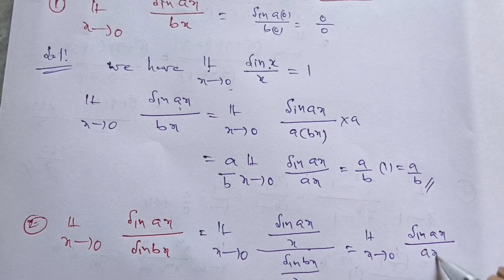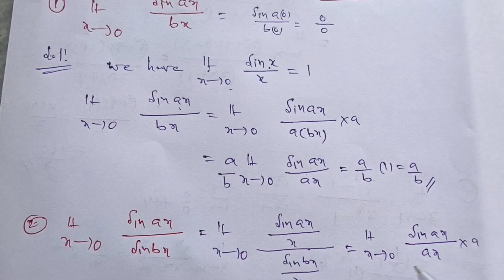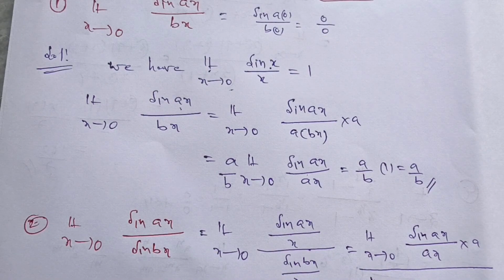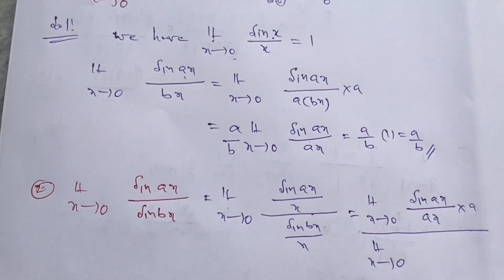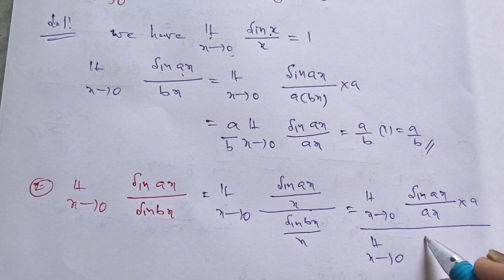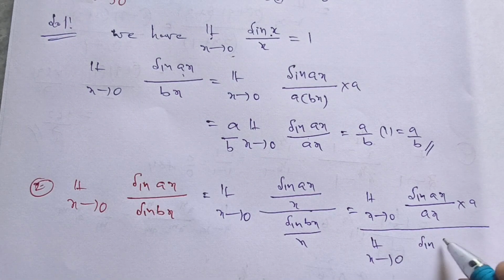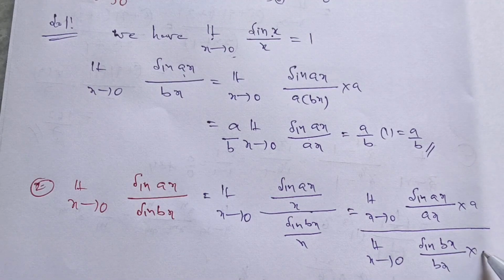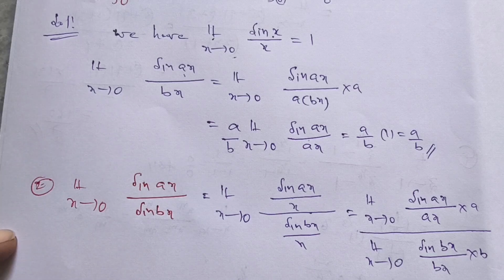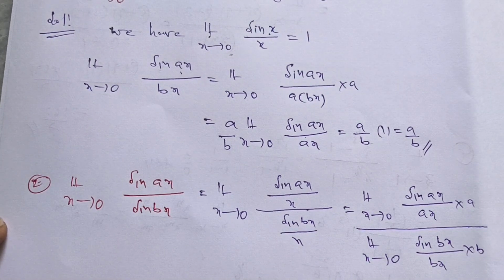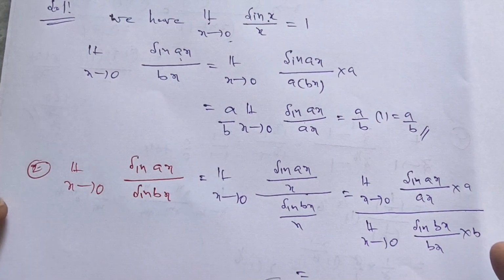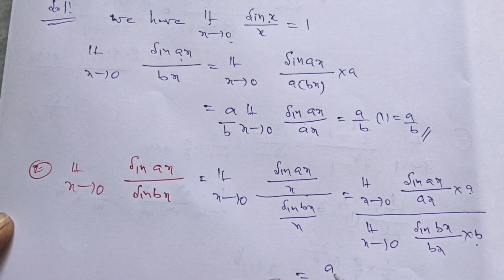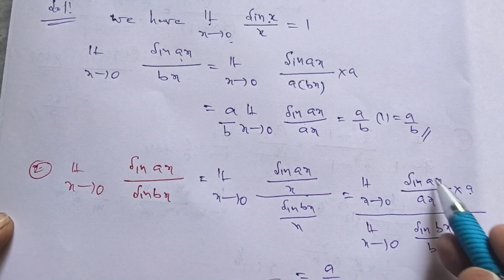Now the limit can be applied to the numerator and denominator by using the quotient rule on limits. In the numerator, limit x approaches 0, sin ax by ax into a, meaning we multiply and divide with a. In the denominator, limit x approaches 0, we have sin bx by x, so multiply and divide with b. Clearly a and b are constants, so take them outside.